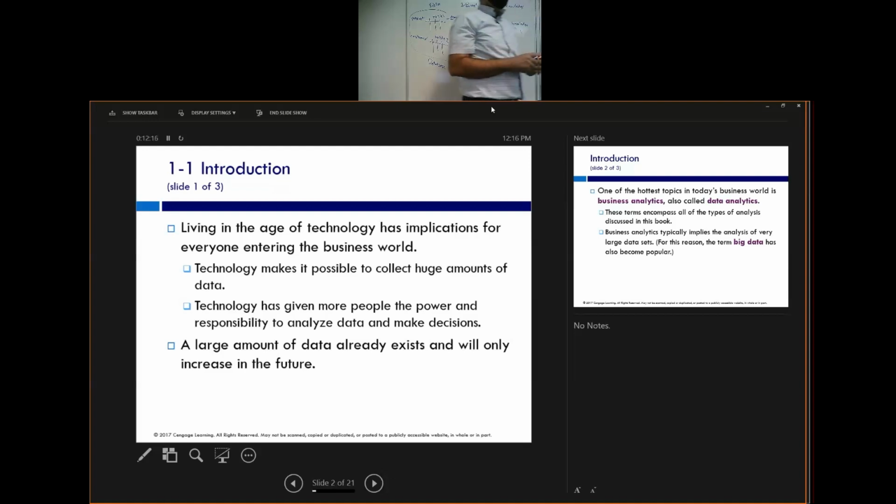Through those sensors, tons of data, even petabytes and zettabytes, can be collected in less than a second. We have kilo, mega, giga, tera, peta. I guess zetta is 10 to the power 24: 10 to the power 3, 6, 9, 12, 15, and so on.